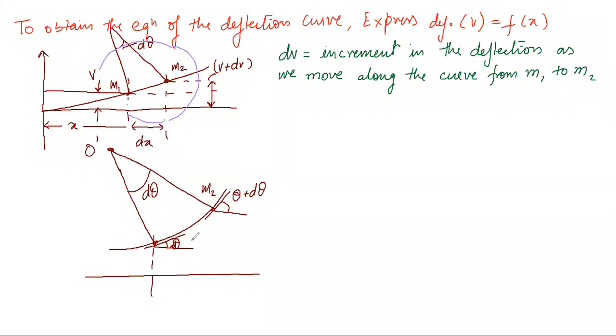From this point to this point, it is defined as a distance of dx, and from this point to this point, this is of delta v, because this is v and this point is v plus delta v. And the curvature along the distance from m1 to m2, what do we call it? ds, right?